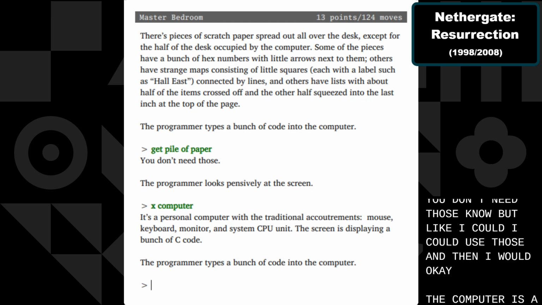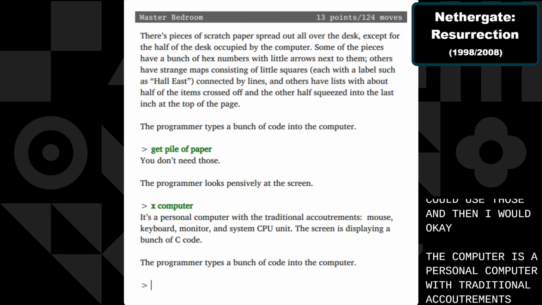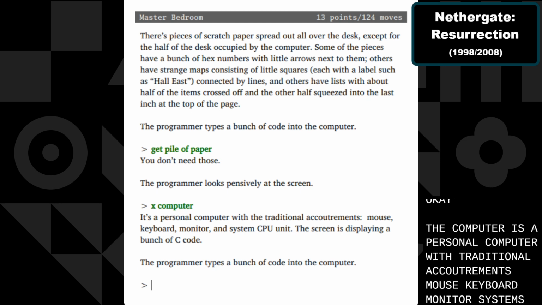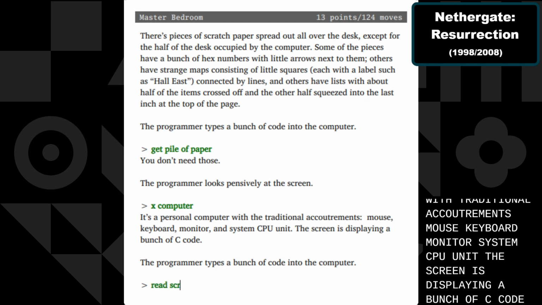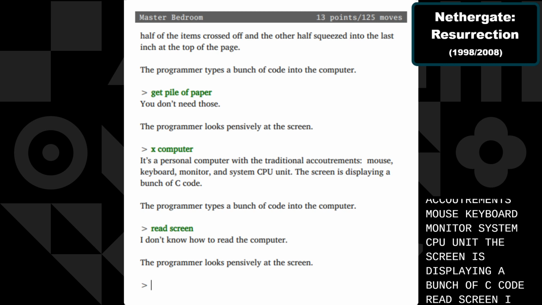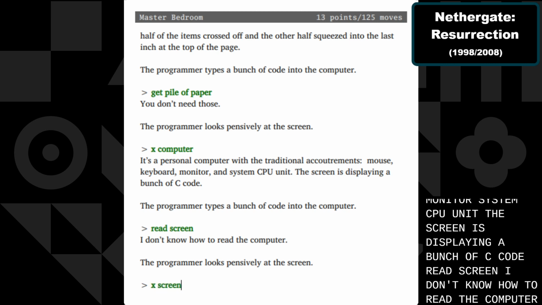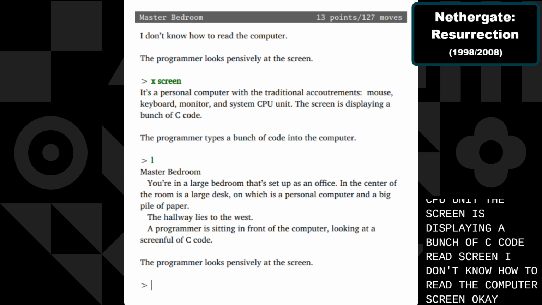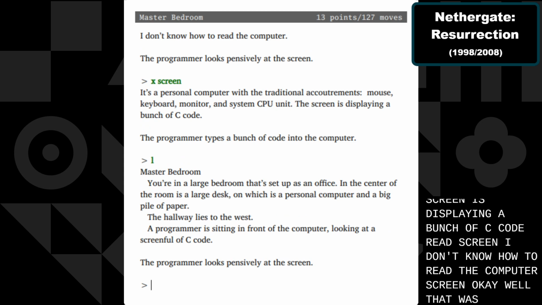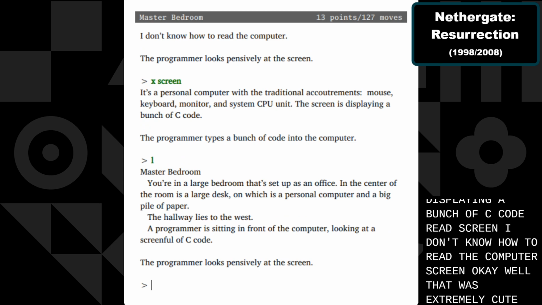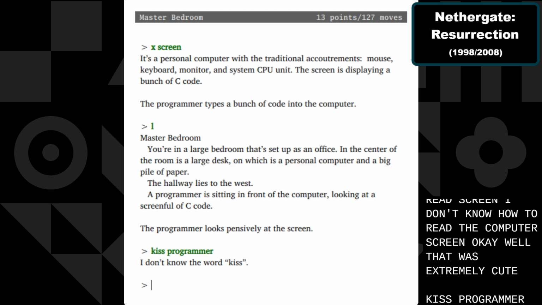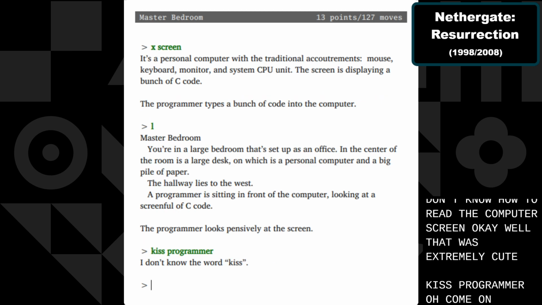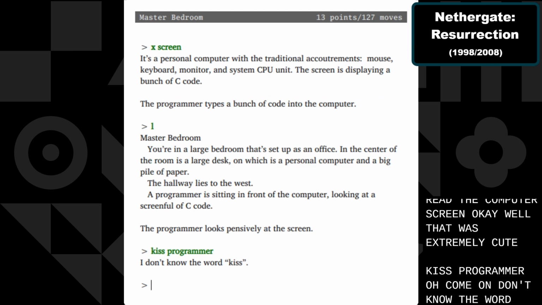The computer is a personal computer with traditional accoutrement: mouse, keyboard, monitor, system CPU unit. The screen is displaying a bunch of C code. Read screen. I don't know how to read the computer. X screen. Okay. Well, that was extremely cute. Kiss programmer. Oh, come on. Don't know the word kiss.